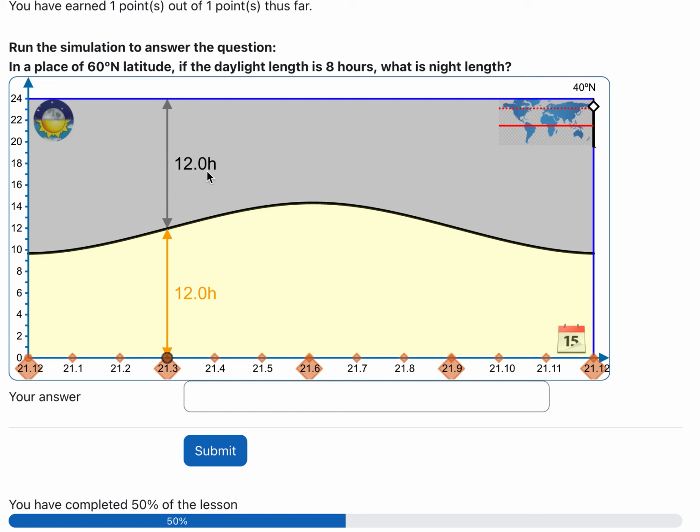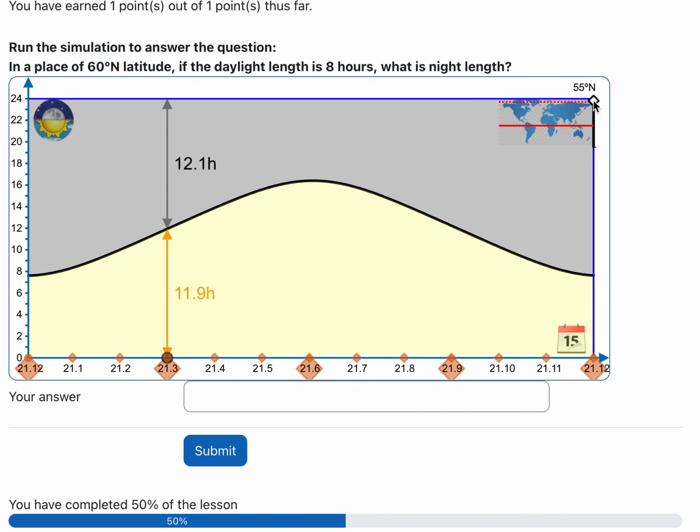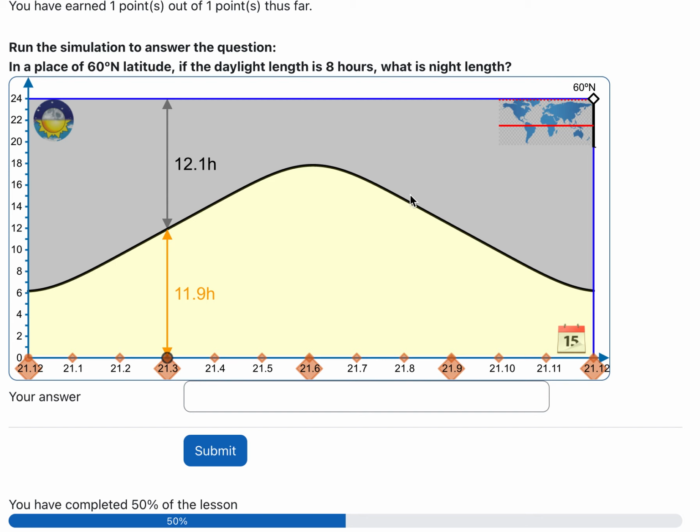This is another question. Now we are changing the latitude. We are going to 60 degrees northern latitude. We go there. Here, and then we have to check what happens if the daylight length is 8 hours.